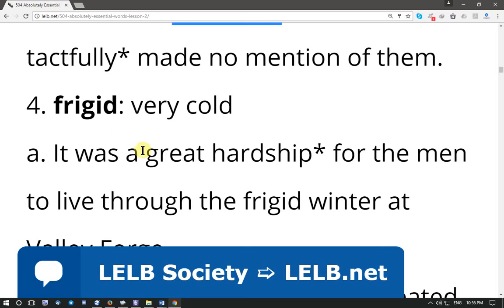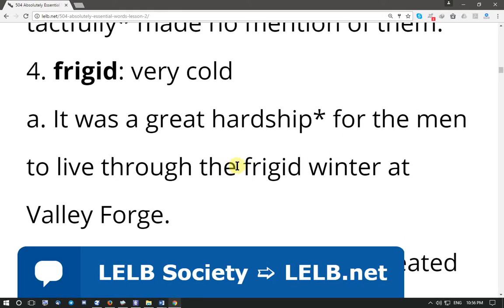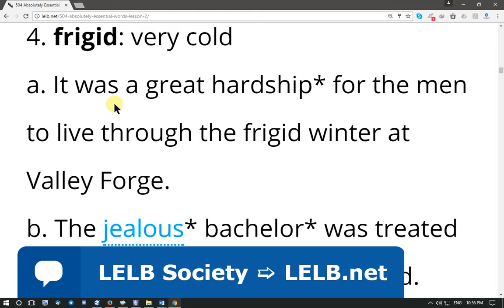It was a great hardship for the men to live through the frigid winter at Valley Forge. It was very difficult for the men to live through, to experience or tolerate that frigid winter at Valley Forge.